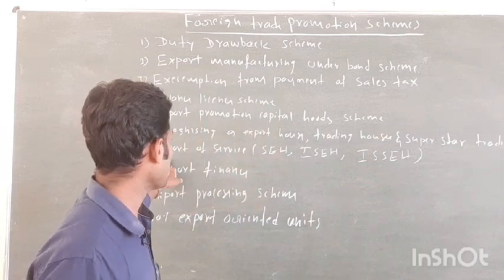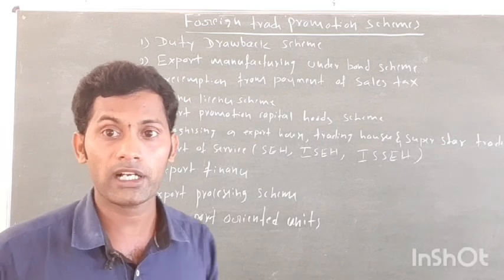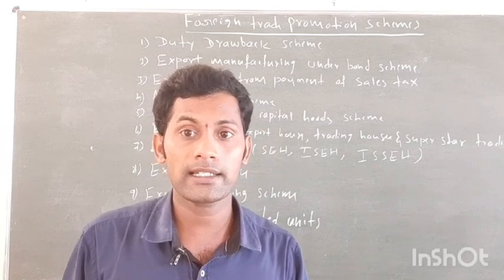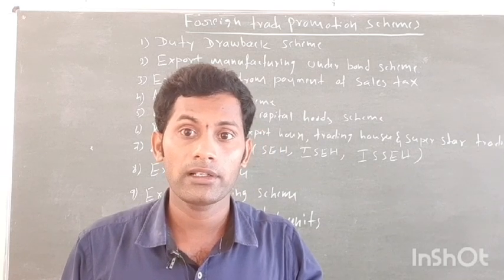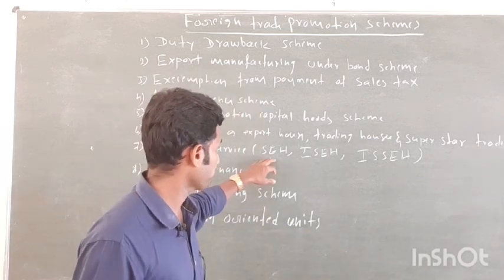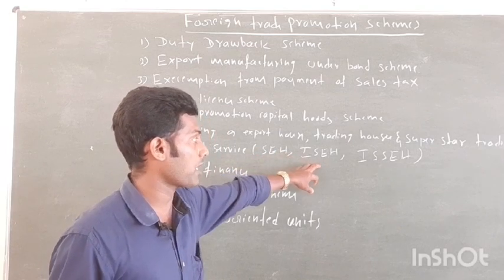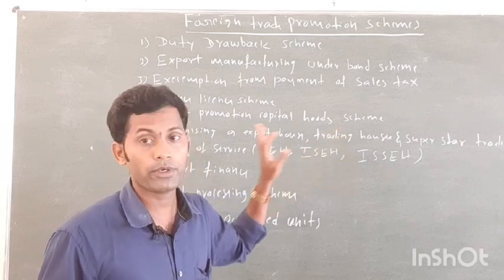Then the seventh one, export of services. Not only exporting goods, tangible items, even we can reduce our balance of payment deficit by increasing our export of services. For that we have service export houses, international service export houses and international star service export houses.